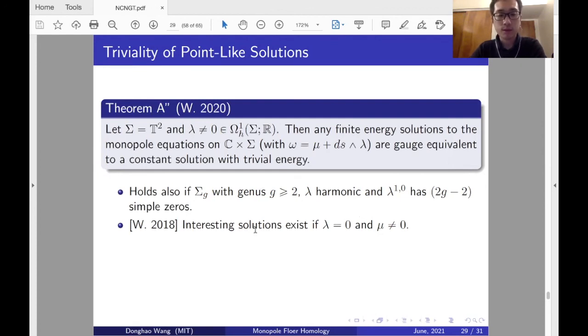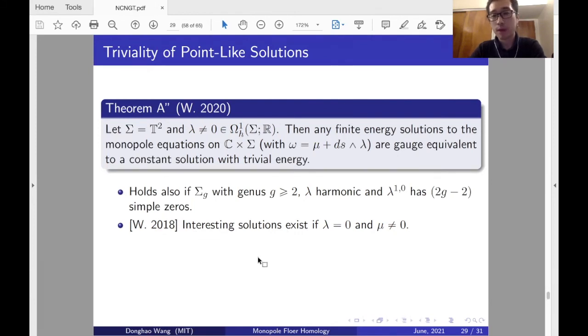And the second remark is this theorem relies heavily on this stability condition, lambda is non-zero. Indeed, interesting solutions can exist if we assume instead lambda is 0, but mu is non-zero. And for the higher genus case, there are even more interesting solutions. In fact, we have a complete classification of all point-like solutions. This is done in one of my earlier papers, but still we don't want to work with these solutions.